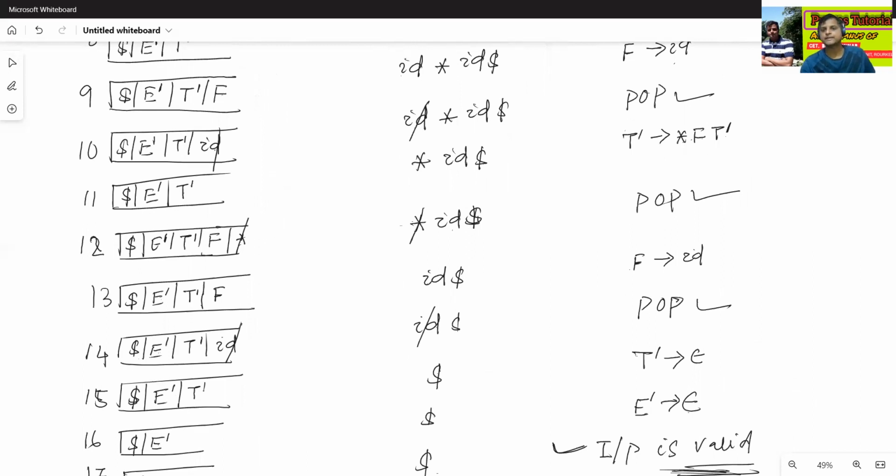So the pop operations are only 5. The total is 17. How many push operations? 17 minus 5 is 12. One action is the accept action, which means 11. The total number of push operations is 11.